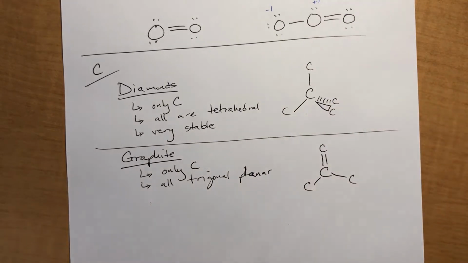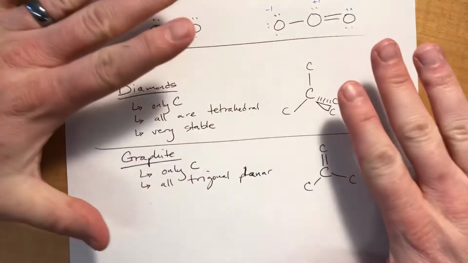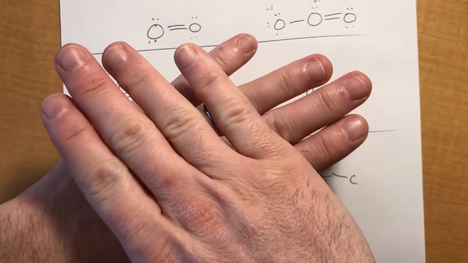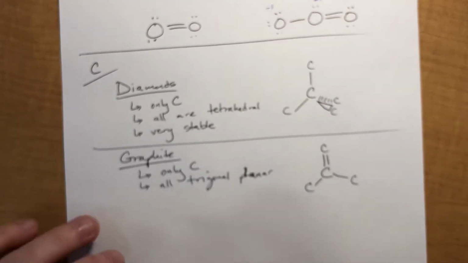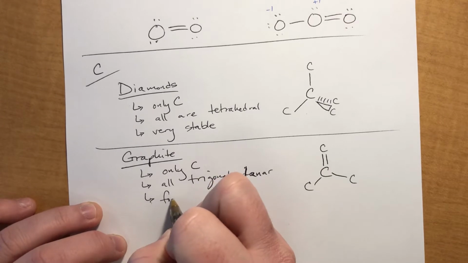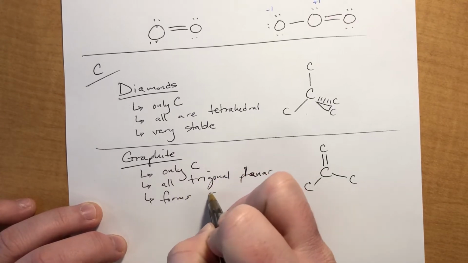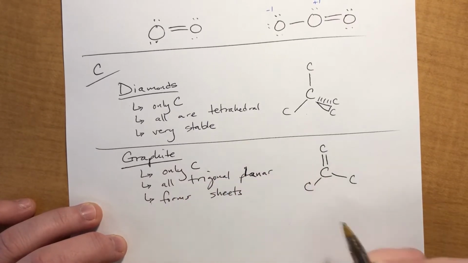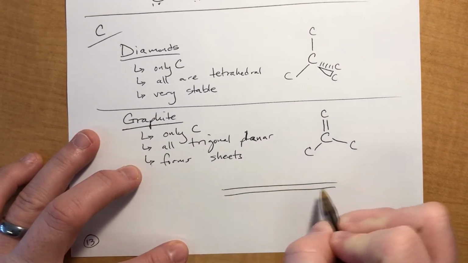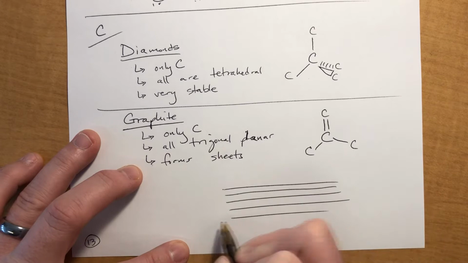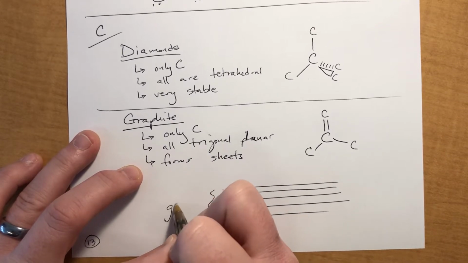Okay, and what happens is it forms these huge sheets, and then the sheets are barely able to interact with each other, and they lay on top of each other. And that's actually how pencil lead works. Essentially what you end up with is it forms these thin sheets. So this is the graphite.